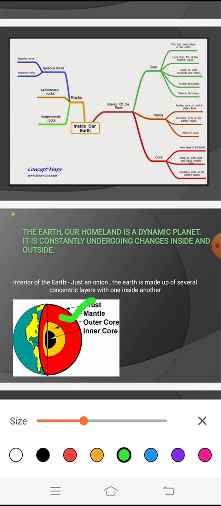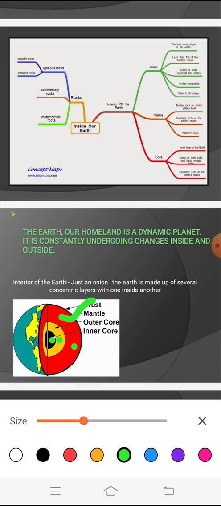Here the outermost layer, shown in blue and yellow, is called the crust. Then the layer shown in red is the mantle. Beneath the crust is the layer called the mantle. Then the core, the innermost layer, again has two parts, outer core and inner core.